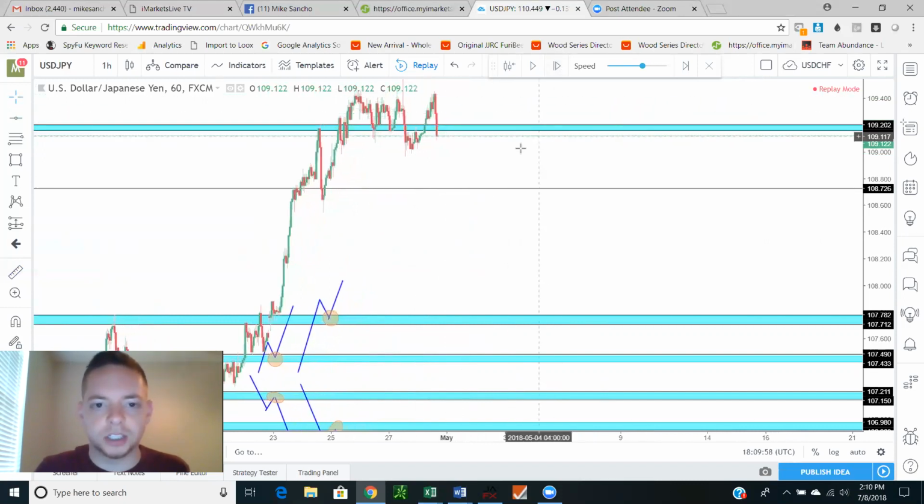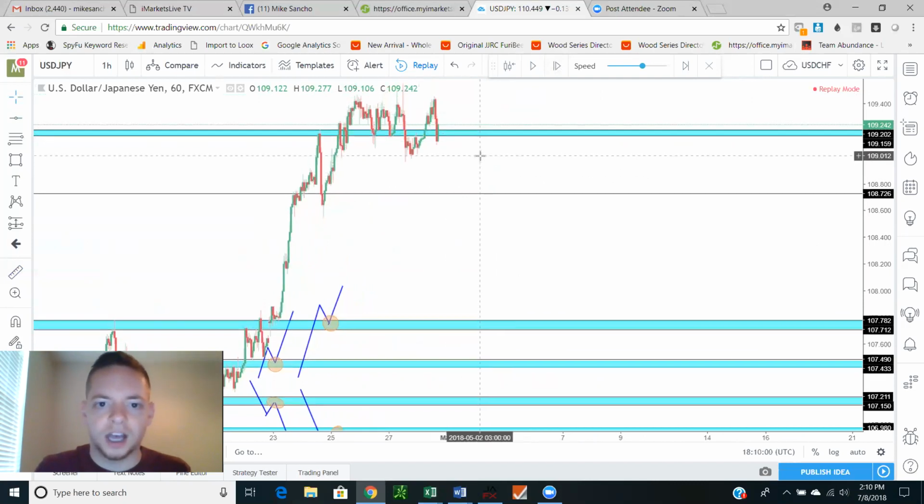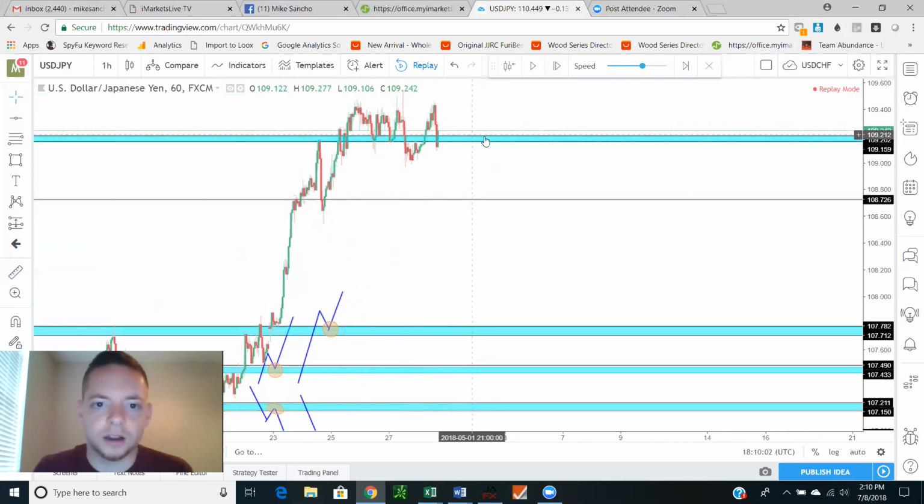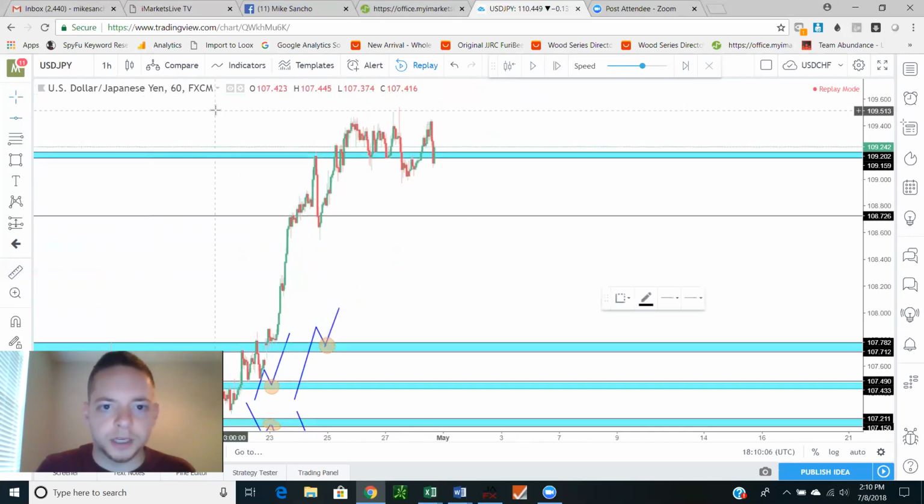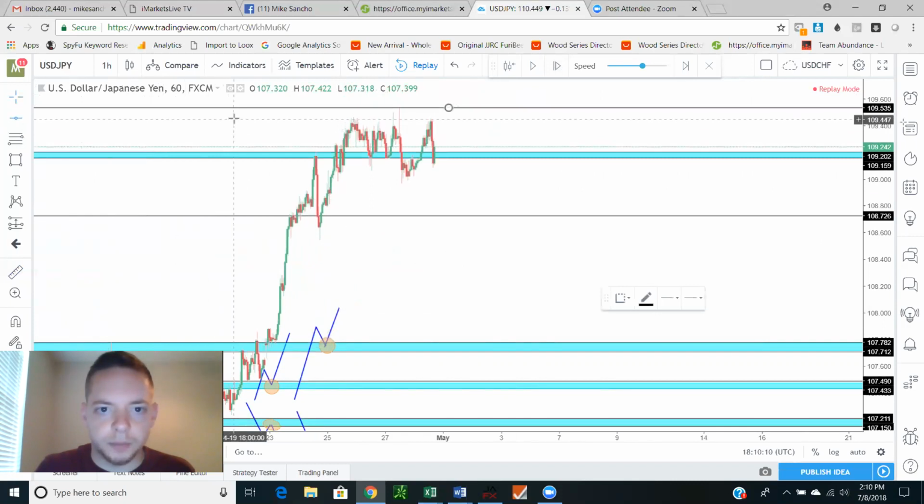Probably wouldn't have taken that trade anyways because I don't like this consolidation right here. I really don't like that. So what I'd probably do is just draw something on the top here.